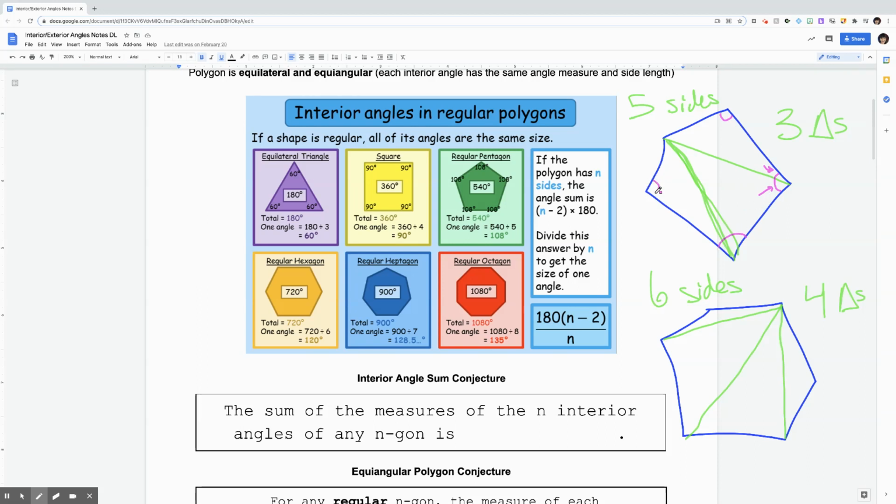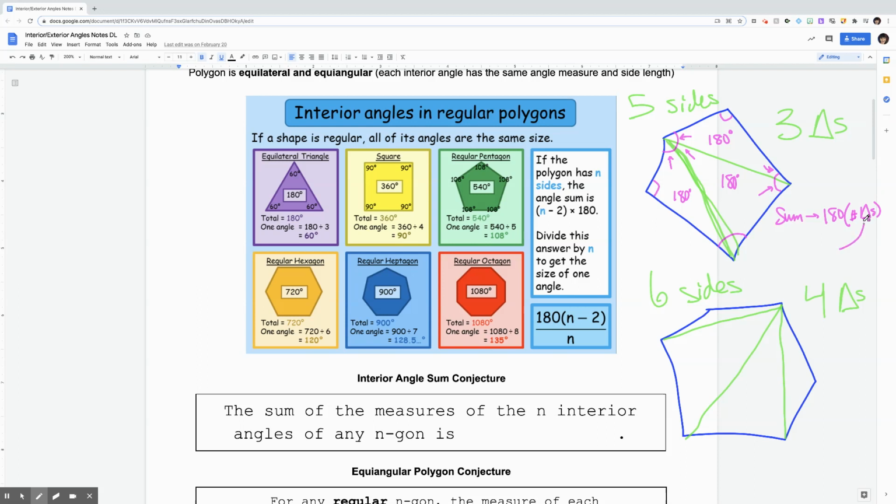There's this angle, and this angle, which is made up of 3 different angles in these triangles. So if there's 3 triangles, and each one of them has 180 degrees in it, I can find the sum by doing 180 times the number of triangles.